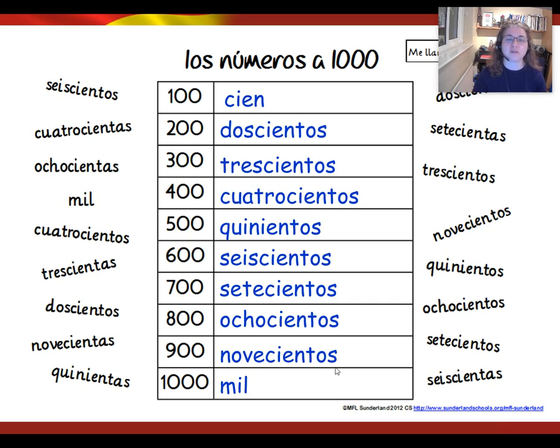Let's have a go now of counting in the hundreds from 100 to 1,000. Are you ready, all of us together? Here we go. 100, 200, 300, 400, 500, 600, 700, 800, 900, 1000.